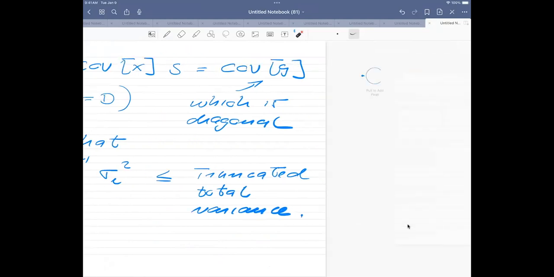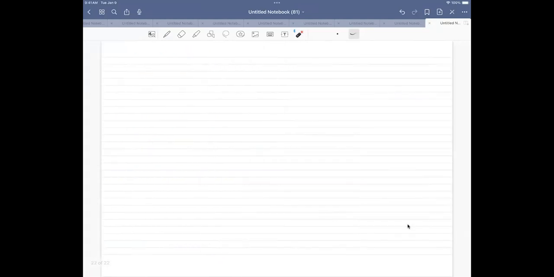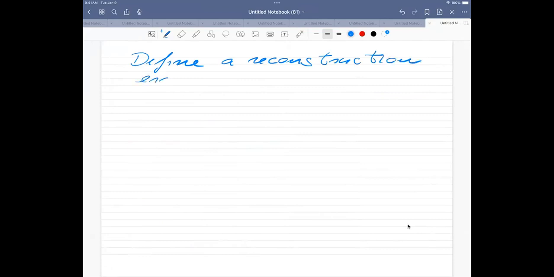So when you look at the PCA, what you're doing is to define a so-called reconstruction error. And that reconstruction error is something like this, which is now given by 1 divided by n, and you have a sum over all these quantities. And now let me just rewrite this in terms of a vector matrix relation.